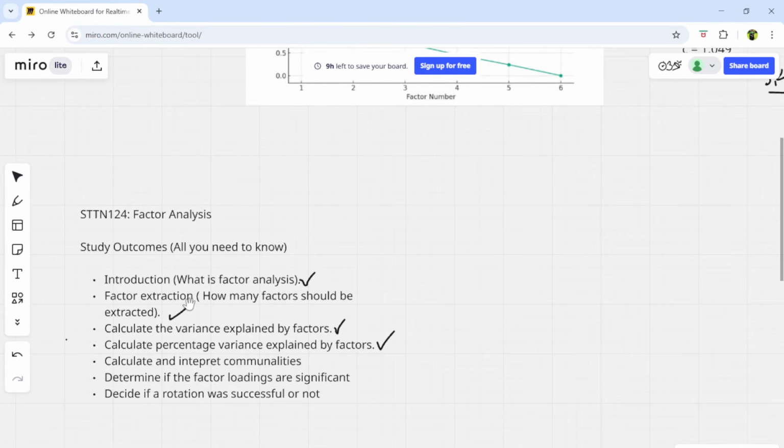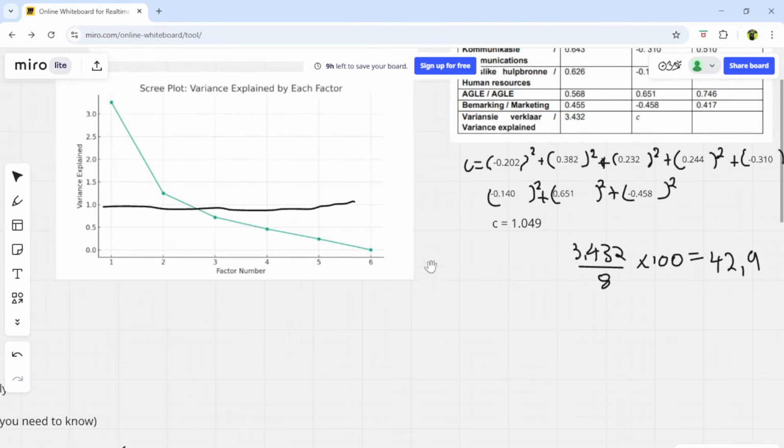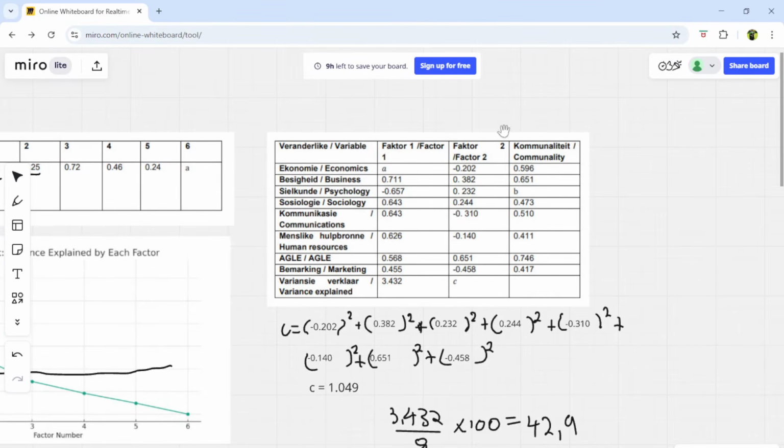Okay, and then the next thing, how to calculate and interpret communalities, right? So communalities, they'll ask you based on factor loadings like this. They won't ask you communality here, they'll only ask you communality on the table that looks like this. Just like with variance explained, when we're putting the numbers in brackets and squaring them, then adding them going down, with communality we do the same thing but going across.